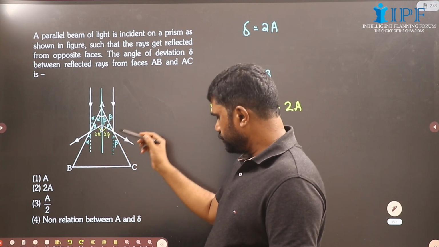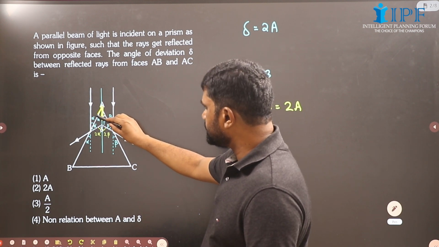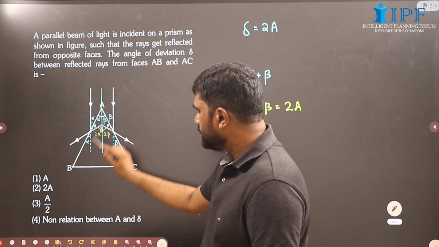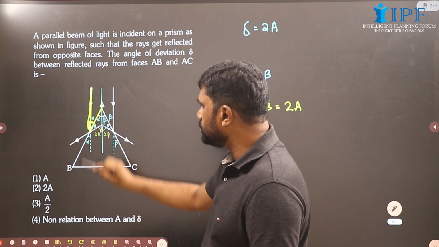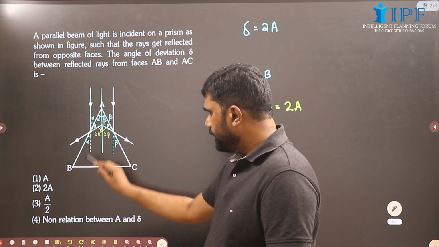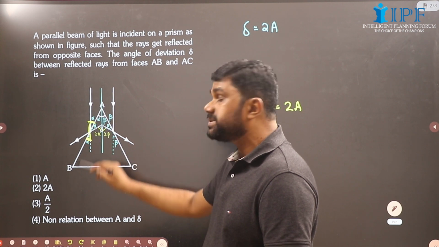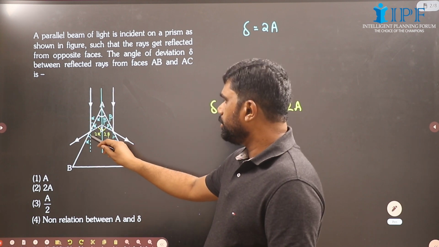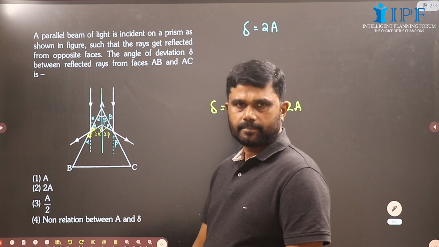This is vertical and this surface, this angle is alpha. The same surface, similar vertical, so this angle also will be alpha. This angle and this angle are opposite angles, so they must be equal. If this is alpha, then this also will be alpha.